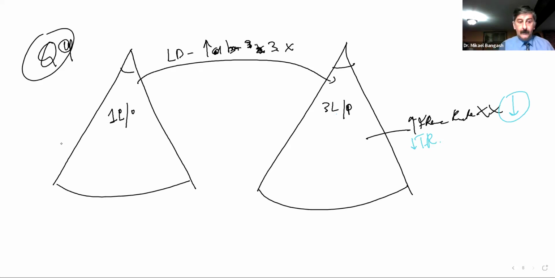Well, let's see what else we have. Imaging quality decreases. Now, I don't like the word imaging quality. The better option should have been something like spatial resolution. Does that increase or improve?